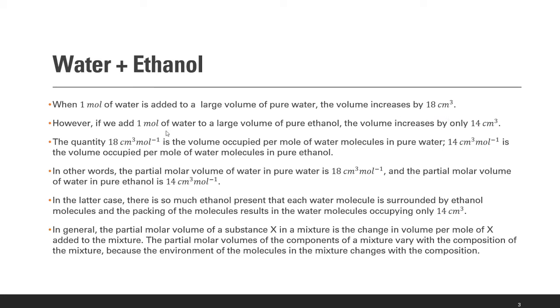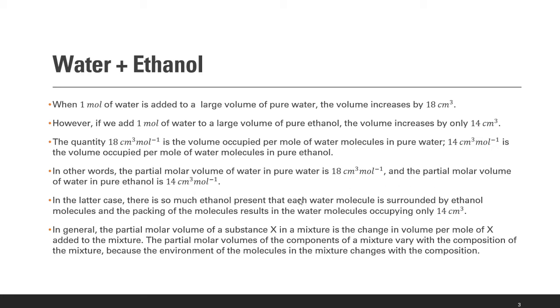But if you add 1 mole of water to a large pool of ethanol, the volume increases by only 14 cubic cm. In other words, this 18 cubic centimeter per mole is known as the partial molar volume of water in pure water, whereas the 14 cubic centimeter per mole is known as the partial molar volume of water in pure ethanol.